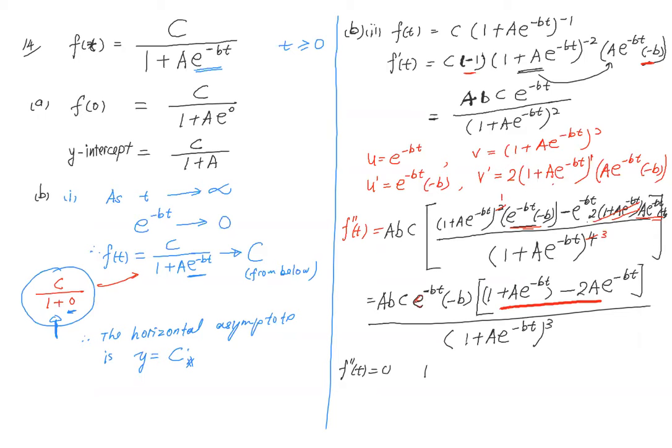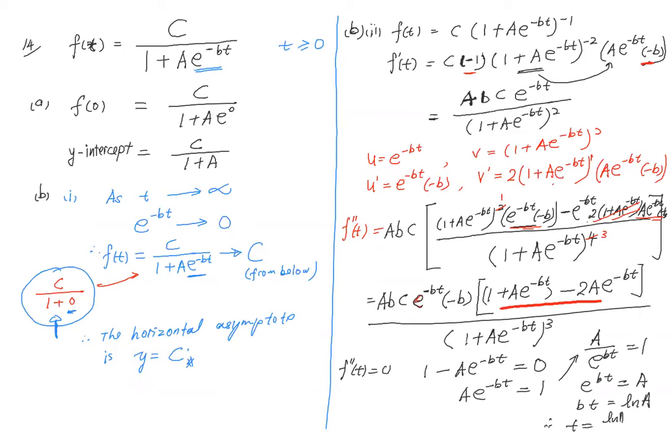So it's 1 minus A e to the power negative bt equal to 0. So A e to the power negative bt equal to 1. So whenever you have negative, what I will advise you to do is put it as like that, without negative. So e to the power bt is equal to A. So from e, you change to ln. So therefore, t equal to ln A over b.